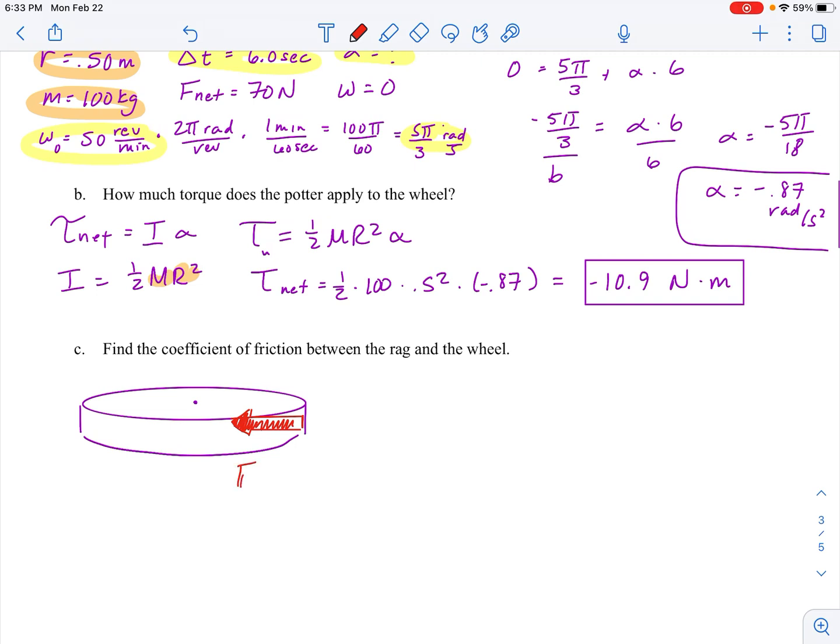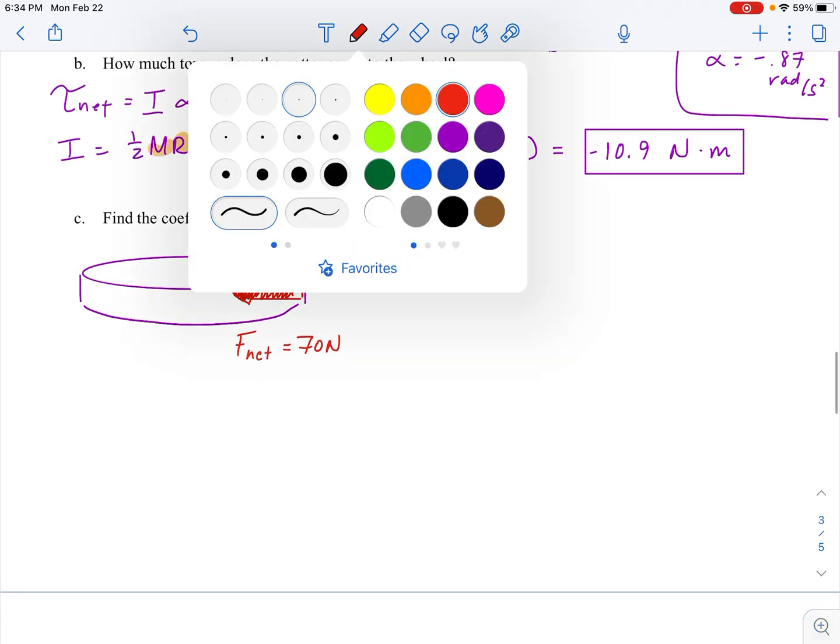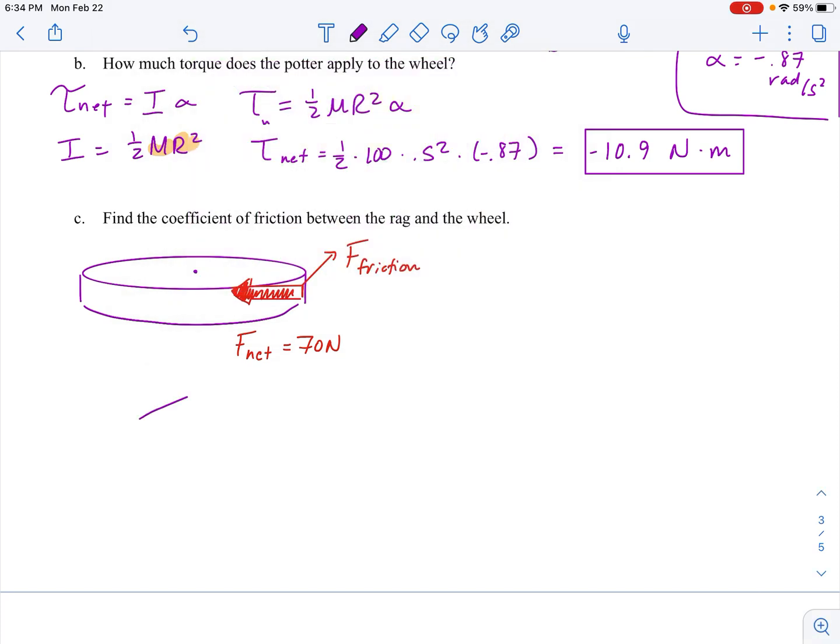Okay, they're pushing inward with 70 newtons of force. But the force that actually is stopping this wheel is perpendicular to that. The force of friction, remember, acts parallel to a surface.